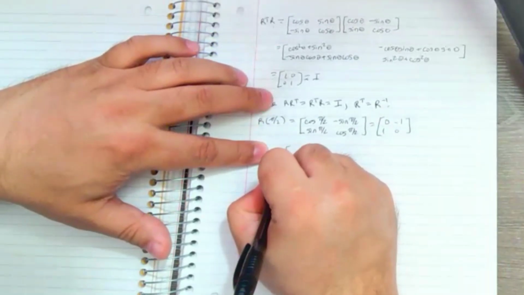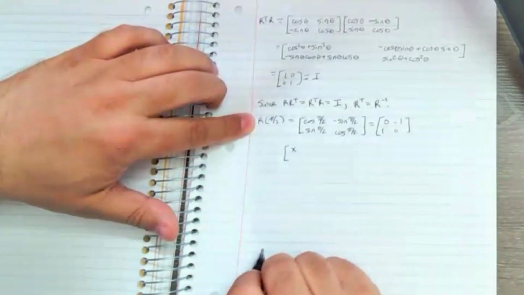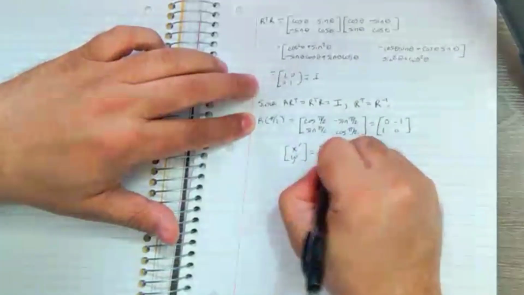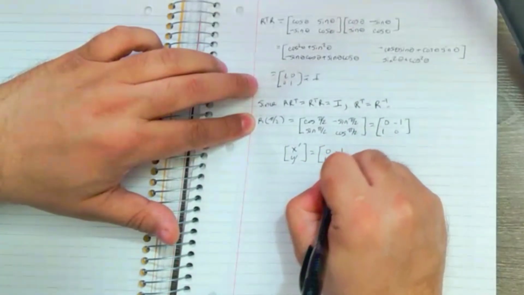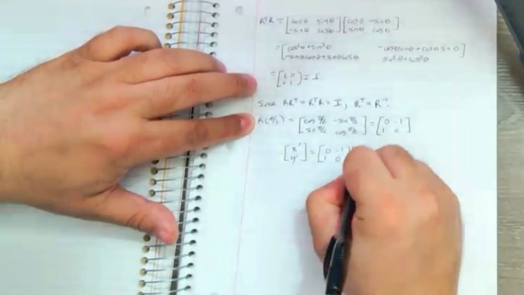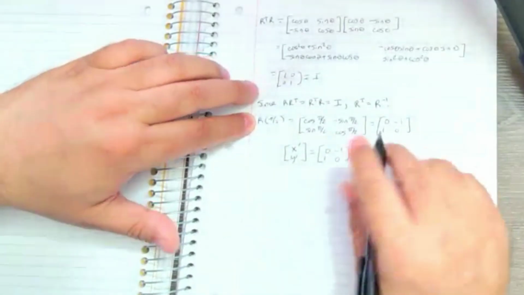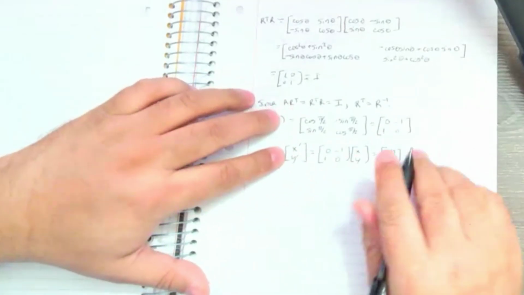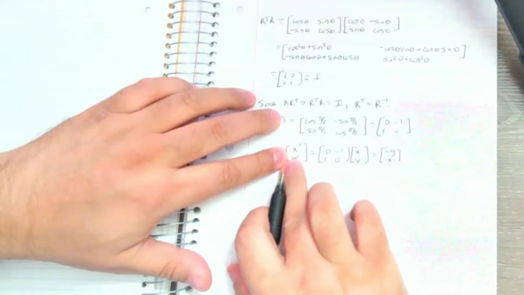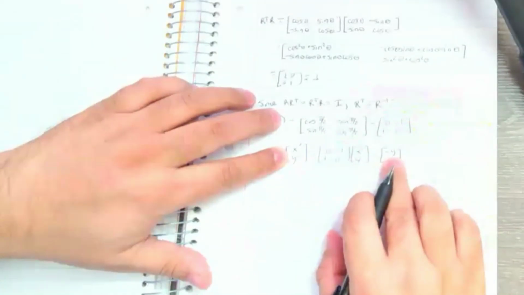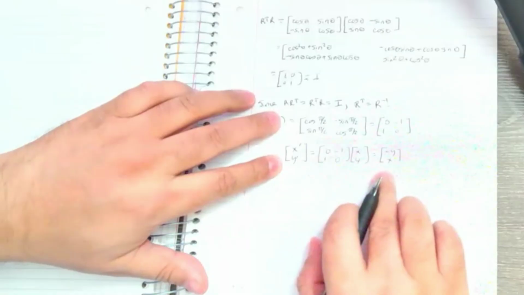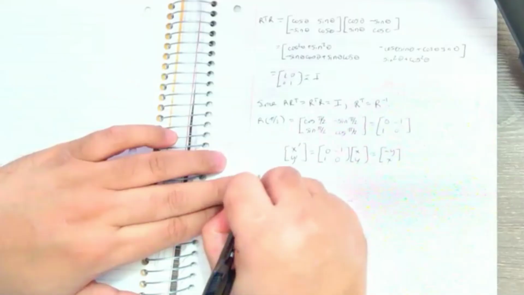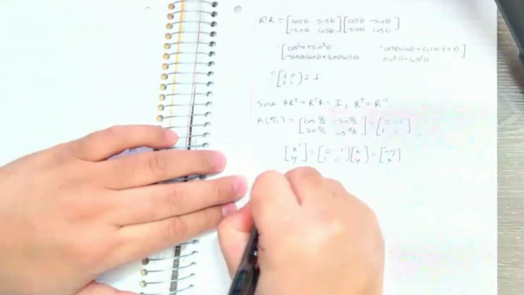And so applying an active transformation to a point, x y, gives negative y, x. That is, the new x-coordinate is the negative of the original y-coordinate, and the new y-coordinate is the original x-coordinate.